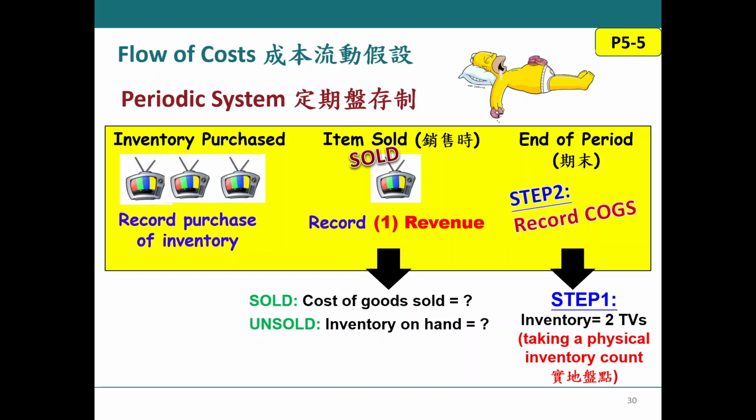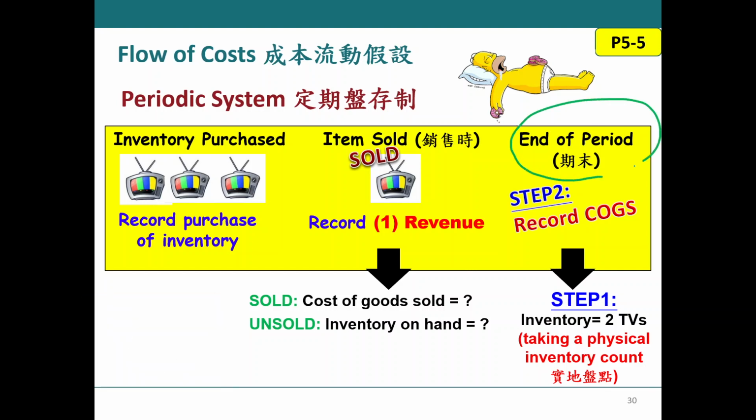Could you tell me when you try to get these 2 numbers? When you try to get the amounts for cost of goods sold, cost of ending inventory? On the last day. Okay? So don't forget who are you. Right now we talk about lazy guy. Since you are the lazy guy, when we try to get these 2 numbers?